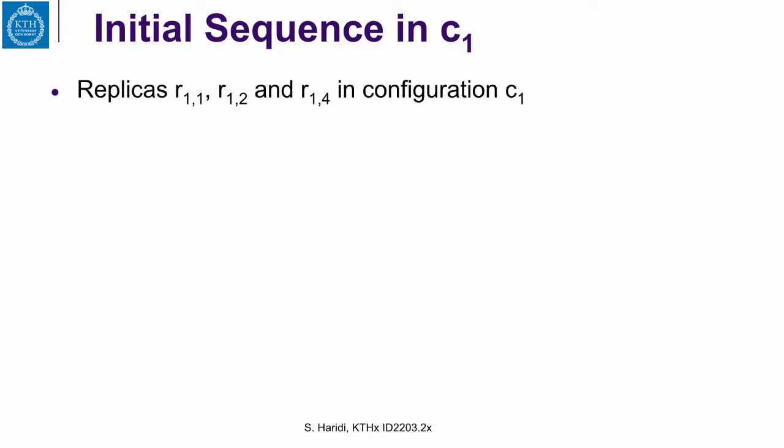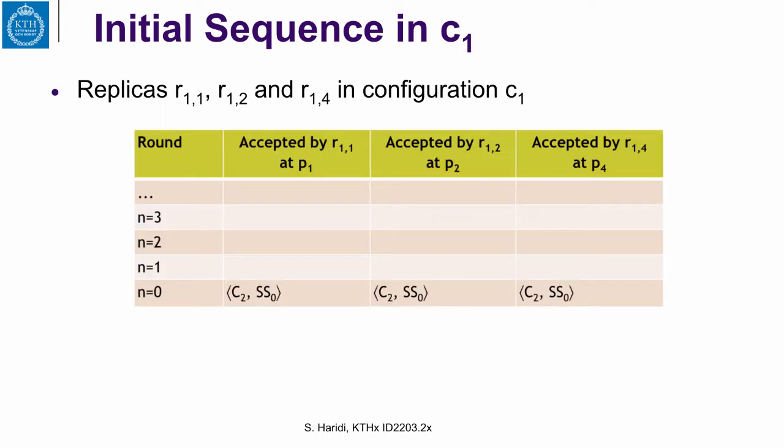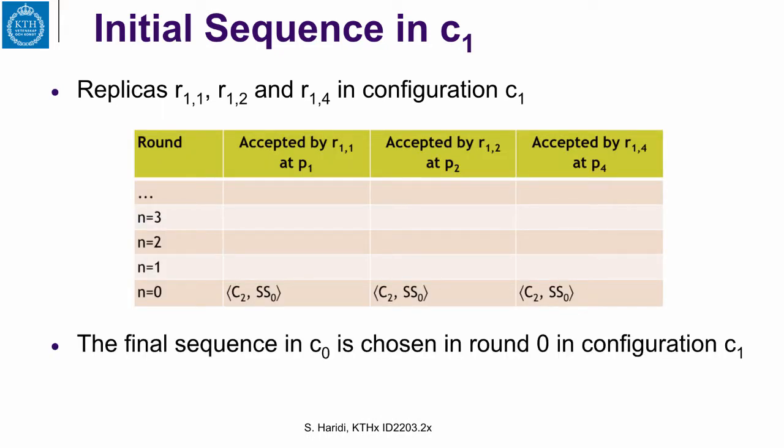So let us see now an example here. We are in configuration 1, and this is process P1, which is replica 1.1. It is process P2 with its replica 1.2, and so on. The initial sequence here is the final sequence that we had from the previous configuration.